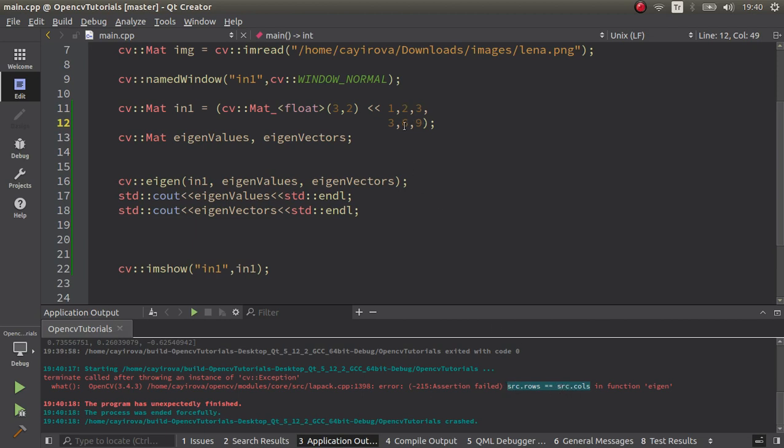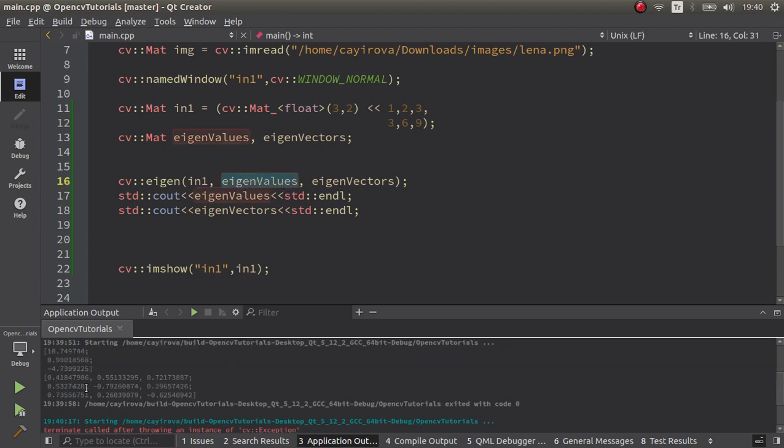In here it's not, so this is not a square matrix, so it gives me an error. This is the critical part. Otherwise, if it is square, you can easily get your eigenvalues and eigenvectors.